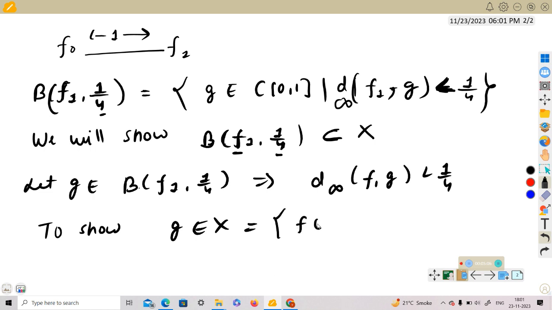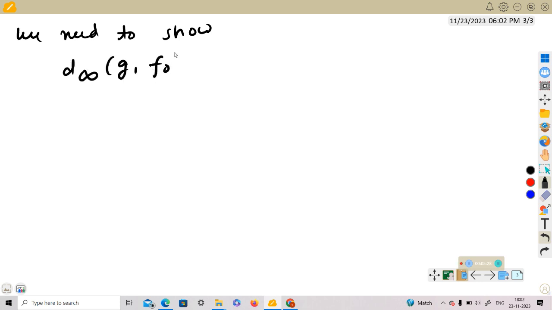X is those f belonging to C[0,1] such that d_infinity(f0, f) is greater than or equal to 1/2. So we need to show that d_infinity(g, f0) is greater than or equal to 1/2.